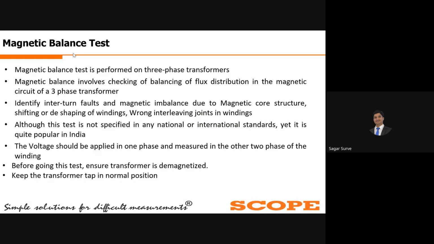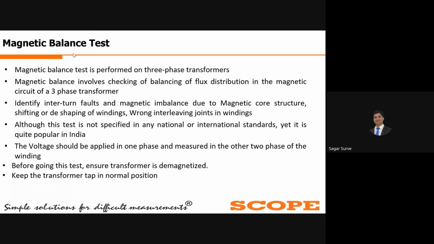No one is recommending this test, but still it is most widely conducted for checking the magnetic imbalance of the transformer, basically a three-phase transformer, to identify interturn faults and magnetic imbalance due to magnetic core structure, shifting of winding, or wrong interlinked joints. We can check all these with the magnetic balance test.